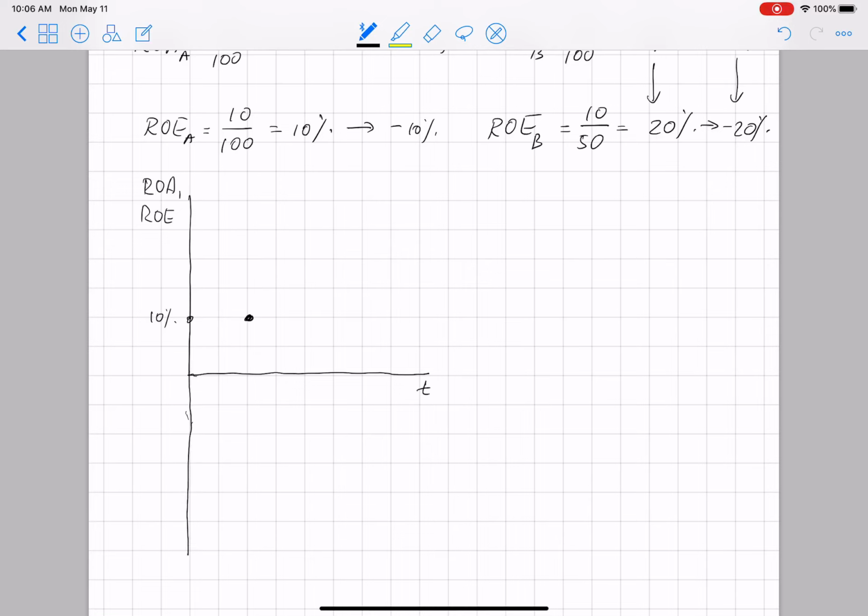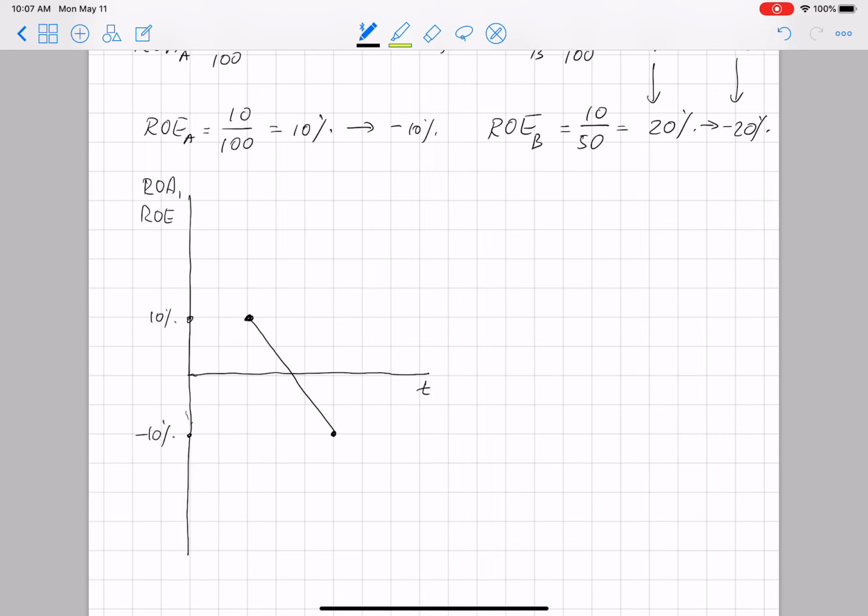So here's your 10%, here's your minus 10. So for firm A, let's say you have two states of the economy. This would be your ROE and ROA. In good times, ROA is 10. In bad times, ROA is minus 10.